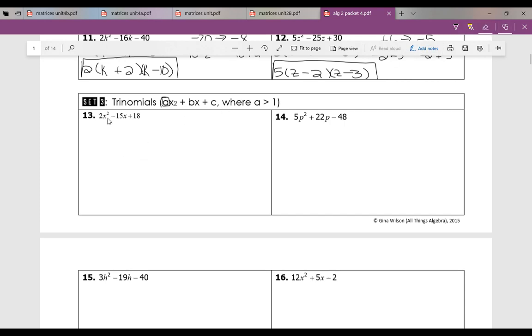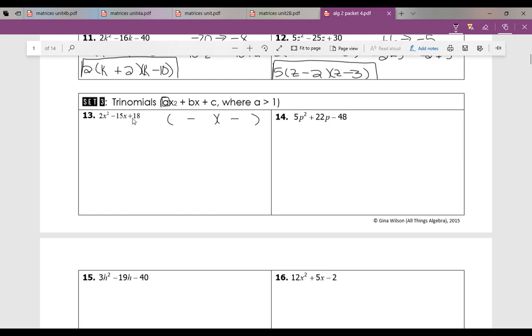The only thing that is consistent is the sign rule. My final answer should have what two signs? Negative. That's the only thing I know right now. When I see this 2, the first thing I should think, do I have a greatest common factor? No, I do not.